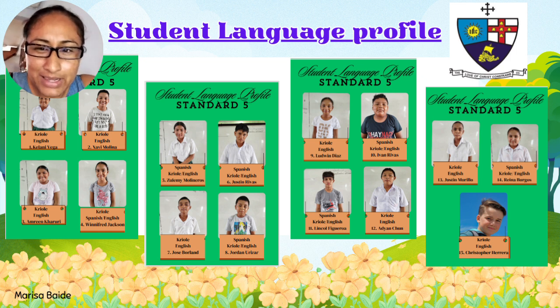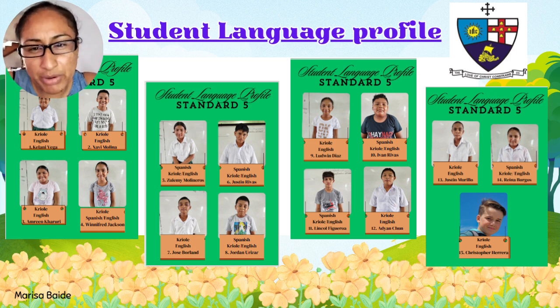We do have Garifuna speaking students, Chinese speaking students, and other languages at our school, the Mayas as well. But in this specific class, the majority only speak Creole, English, and Spanish.